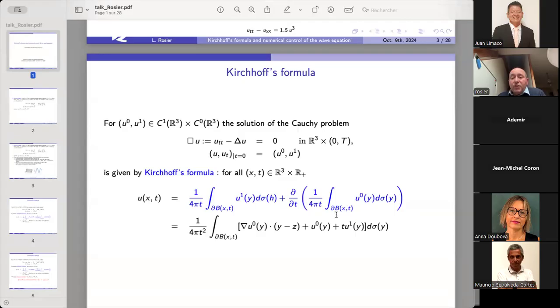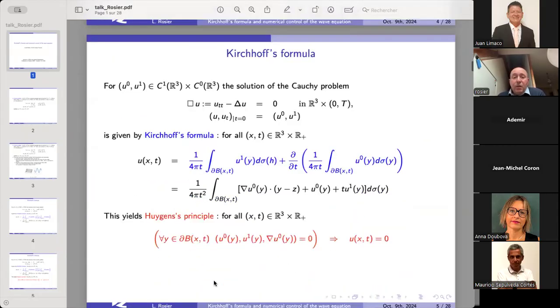Actually, you can compute this derivative in time and put these two terms into one term, where you still integrate over a sphere centered at x and of radius t. So it's a representation of the solution. And thanks to it, you obtain immediately Huygens principle, that I will state in the following way.